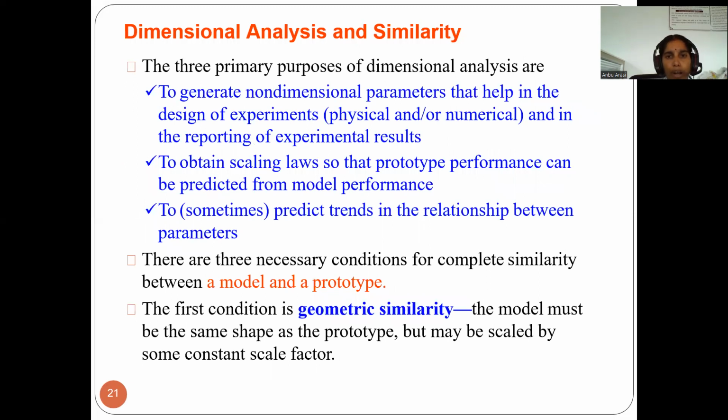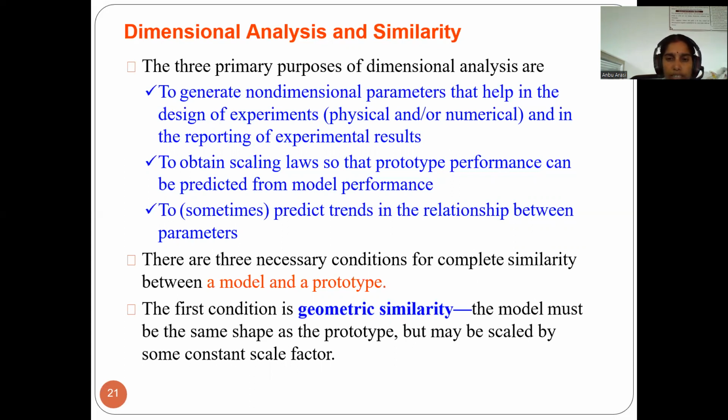The three primary purposes of dimensional analysis are to generate non-dimensional parameters that help in the design of experiments and in the reporting of experimental results, to obtain scaling laws so that prototype performance can be predicted from model performance, and to predict trends in the relationship between parameters.